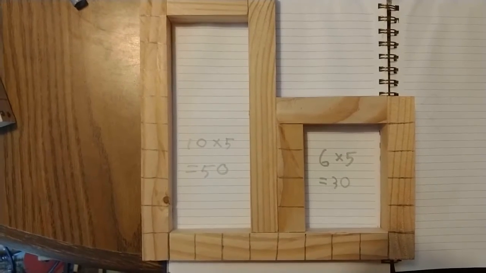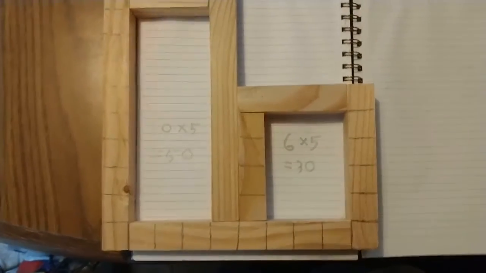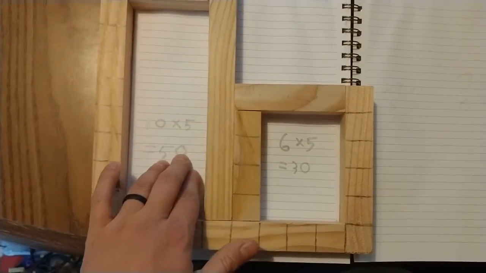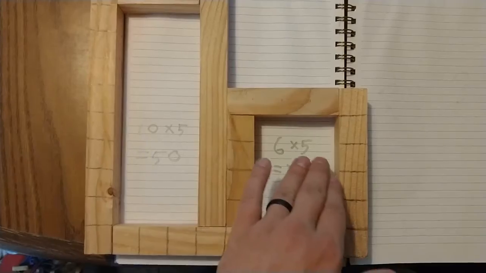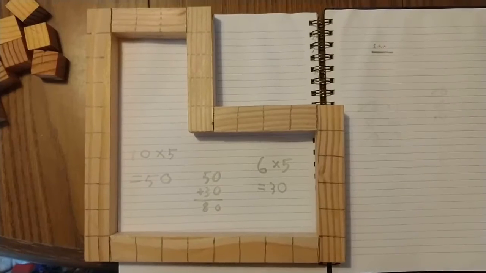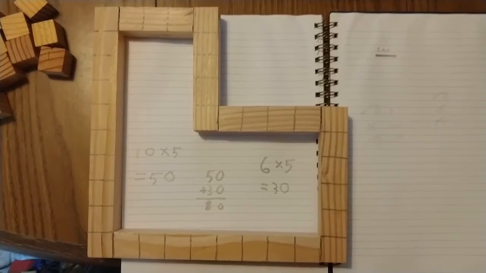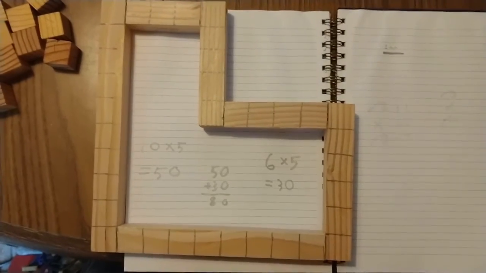So now, we've only got one last step to do. All we got to do is add the area of the larger rectangle plus the area of the smaller rectangle, and we get 50 plus 30 equals 80. So now we know that the area of this entire shape is 80 square inches.